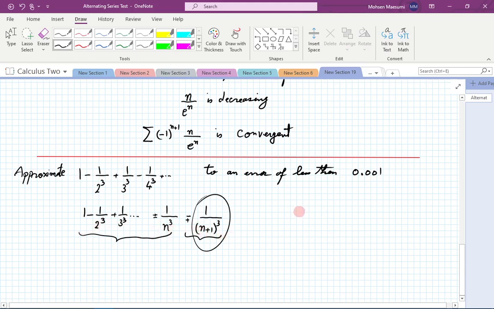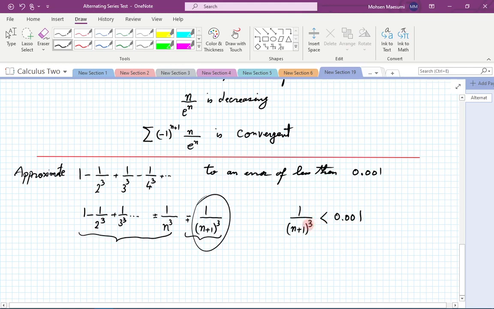So here what I do, I write the next term, 1 over n plus 1 cubed. Say if this one is less than the tolerance you tell me, then by adding these terms, I'm making error less than this quantity. Well, how do I solve this inequality?